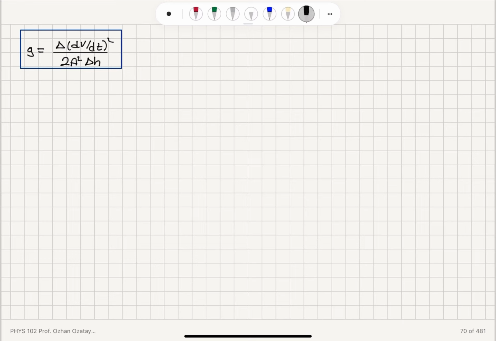So this slope is measured in this new planet. It was reported that delta (dV/dt) squared divided by delta h was 1.94 times 10 to the minus 5 meter to the 5 per second squared. The cross-sectional area of the horizontal pipe is 9.0 times 10 to the minus 4 meters squared.